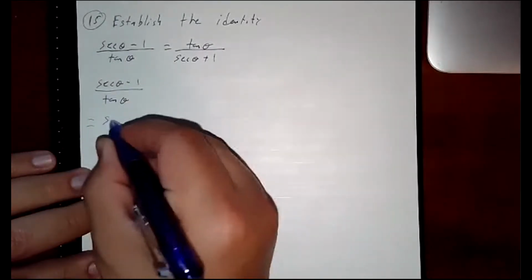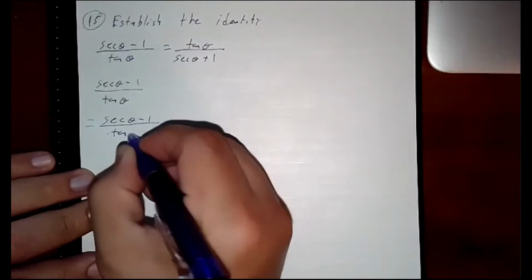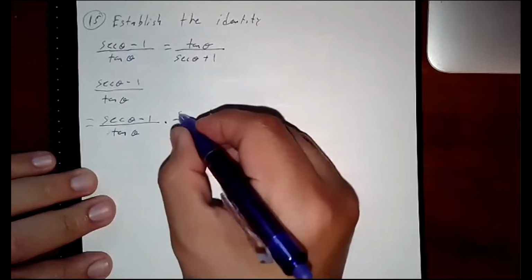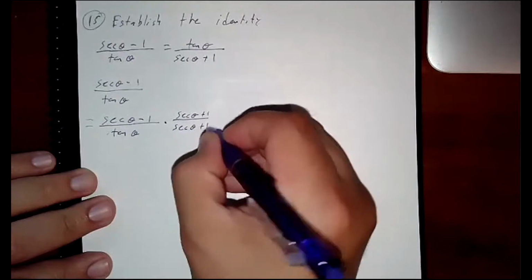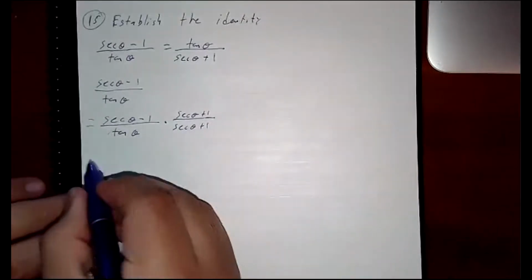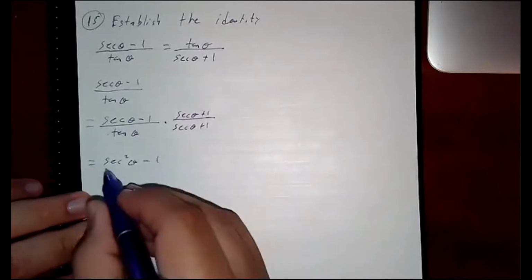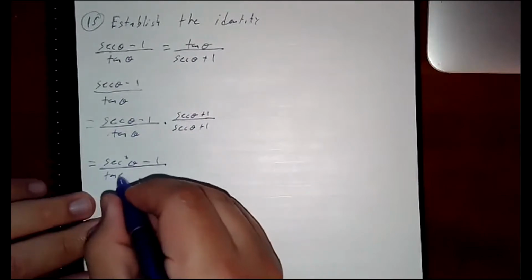So the first thing I'm gonna do is multiply by secant theta plus 1, the conjugate of the numerator, which will give us secant squared theta minus 1, which is the difference of squares. Once you FOIL all that out, you get this. On the bottom, I will leave it this way.